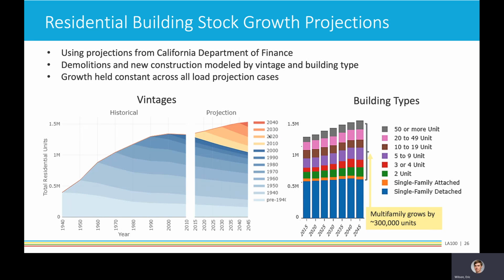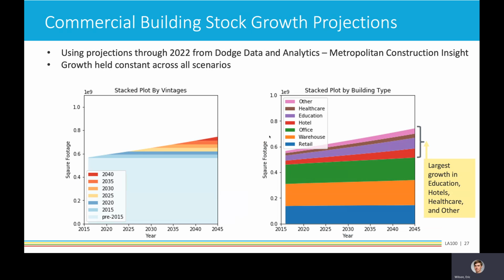On the commercial building side, similarly, we used a different data source for the projections, but projected out new vintages coming into play, and also growth for different building types. And in this case, the largest growth was projected in education, hotels, healthcare, and other building types.